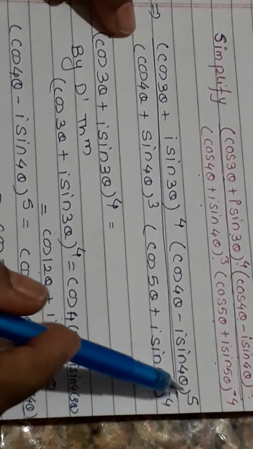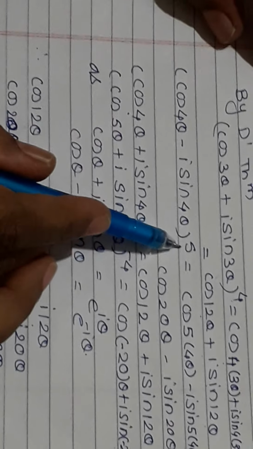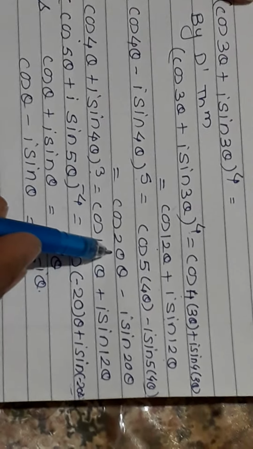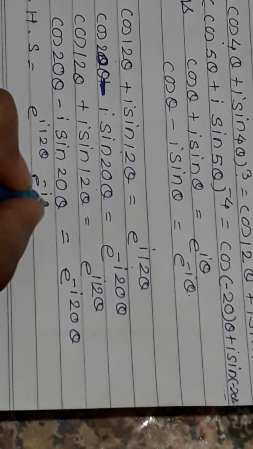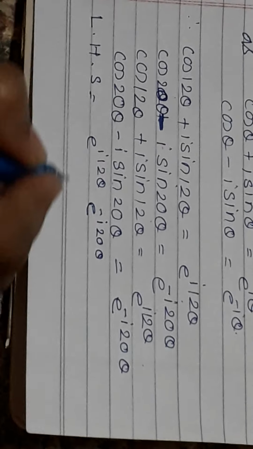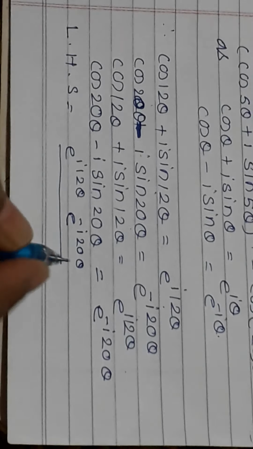Then the next term, cos 4 theta minus i sin 4 theta raised to power 5, is equal to cos 20 theta minus i sin 20 theta, and that is nothing but e raised to the power minus i 20 theta.